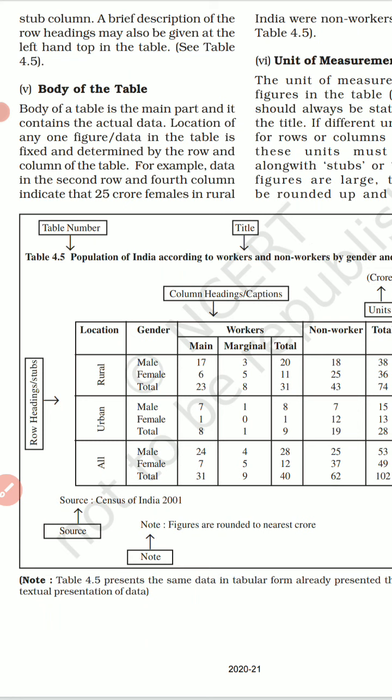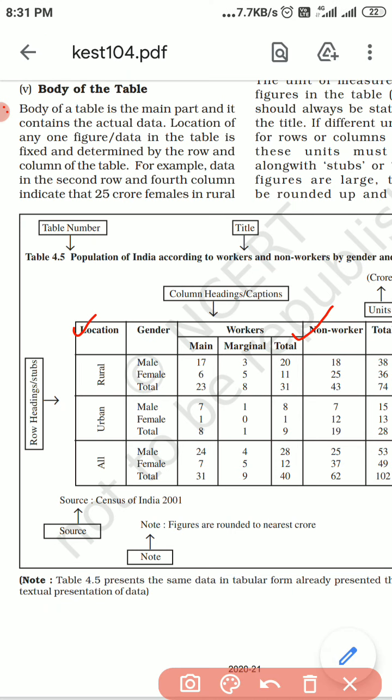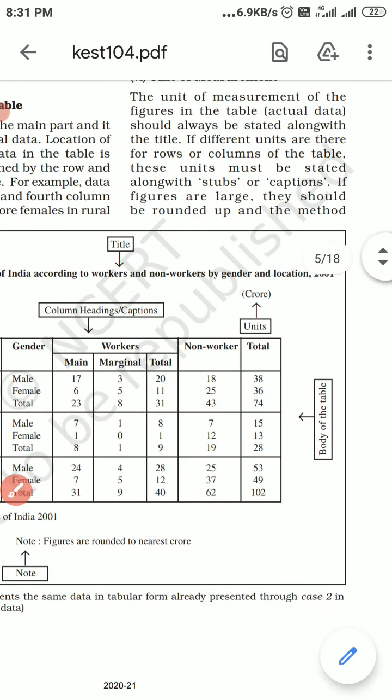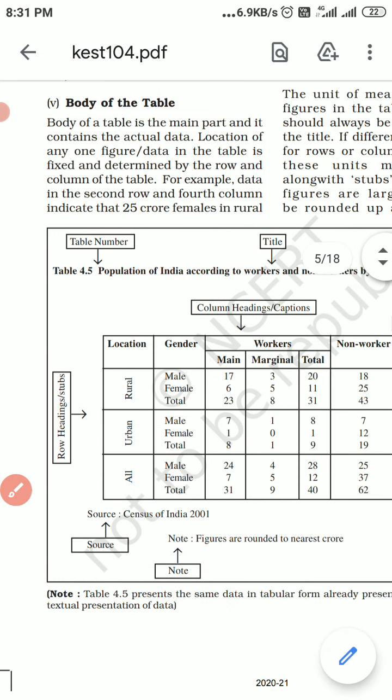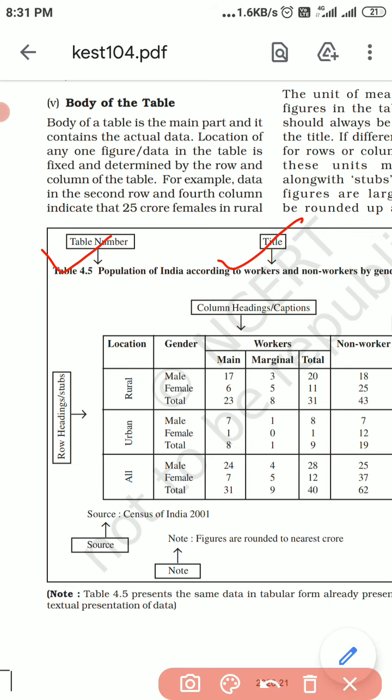So you can see the table number is there, title is there, then you can see the column headings, captions. Column headings are called captions.